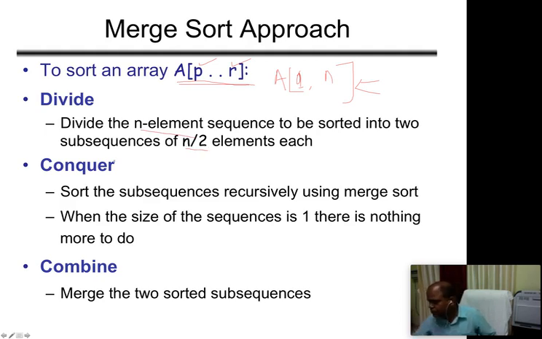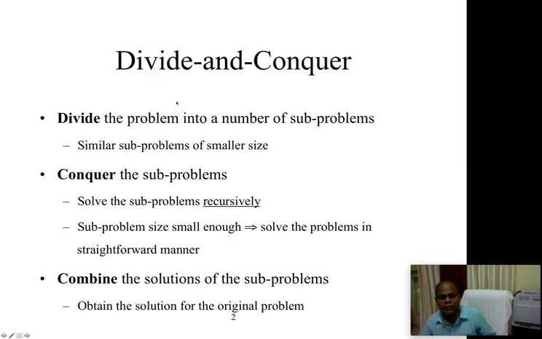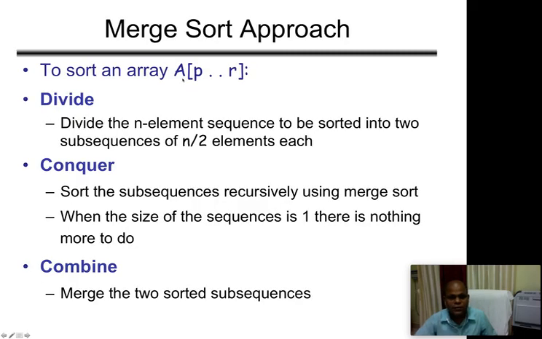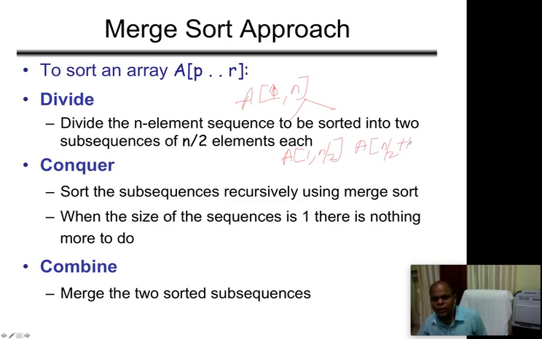That means if the array A from 1 to n is given, then it will be divided into two sub-arrays. One will be A from 1 to n by 2, and another will be A from n by 2 plus 1 to n.